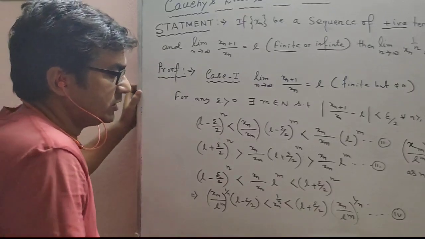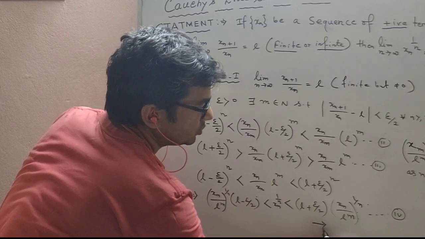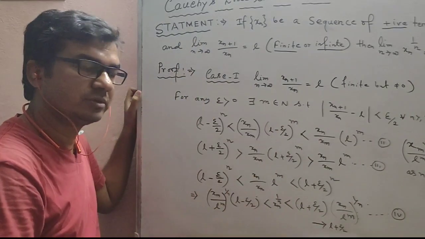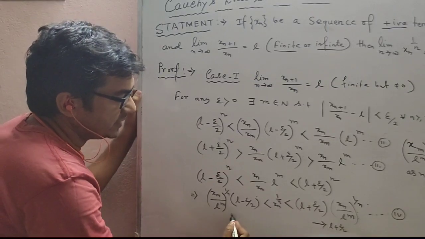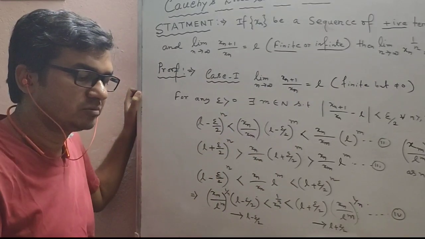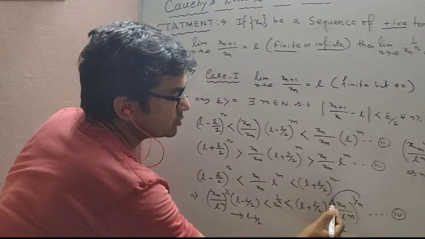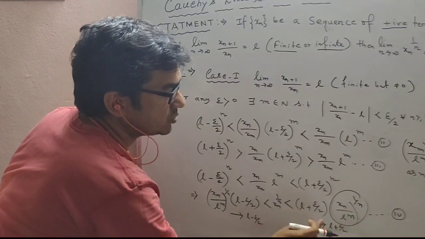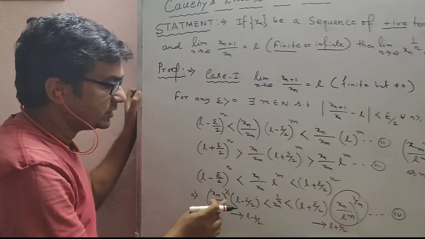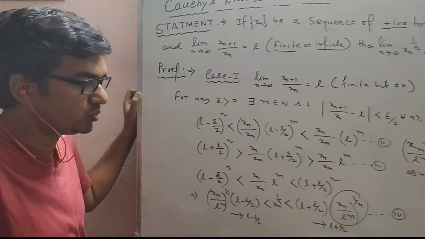So this side tends to L plus epsilon by 2, and this side tends to L minus epsilon by 2, right? Since this tends to 1, this side tends to L plus epsilon by 2, and since this tends to 1, this side also tends to L minus epsilon by 2.